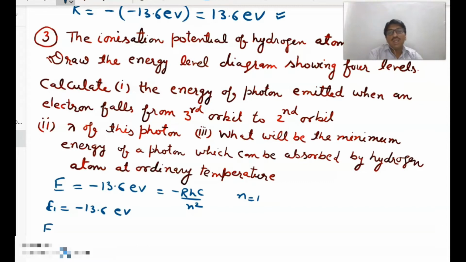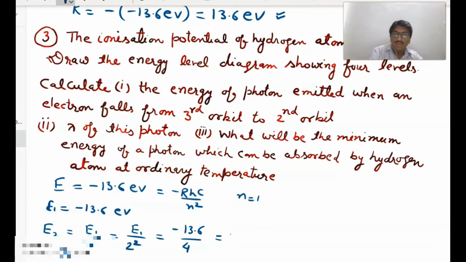And the energy of the second level we can write as E1 upon n², or E1 upon 2², meaning -13.6 upon 4, which becomes equal to -3.4 electron volt.